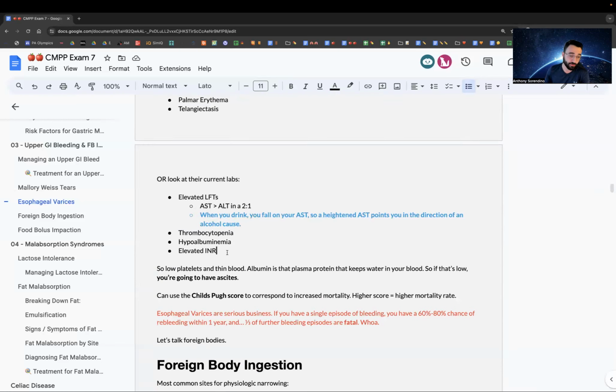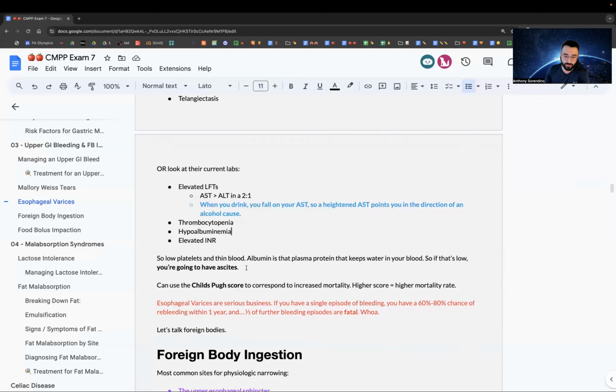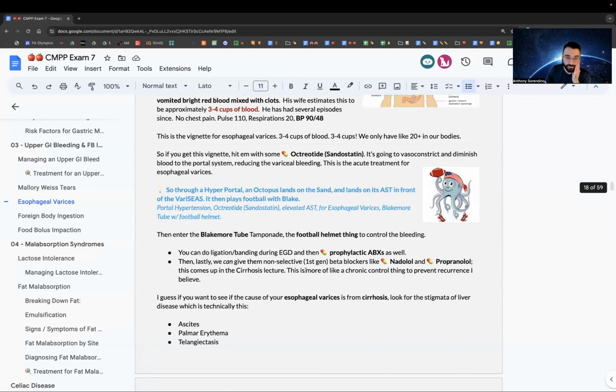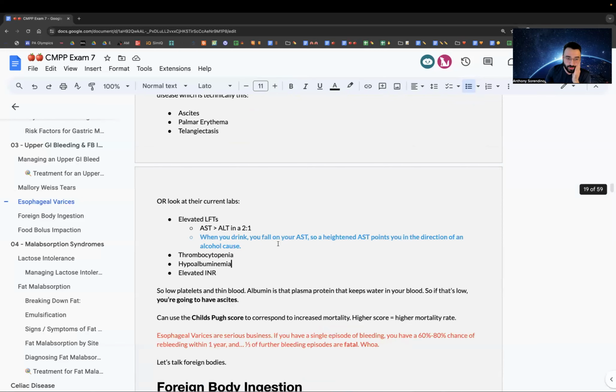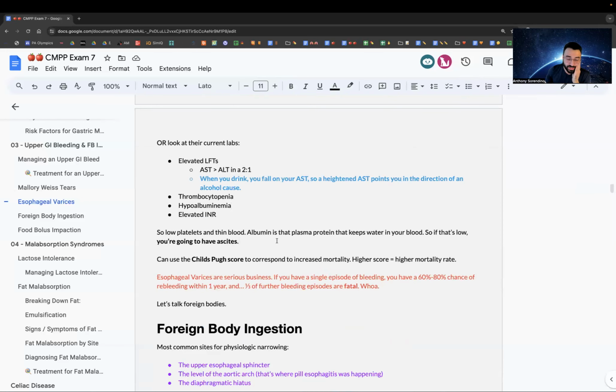You can also see an elevated INR, so thinner blood. You can also see a low level of albumin, and a low level of platelets. And if you remember, albumin is that plasma protein that keeps water in our blood. So if that's low, you're going to have fluid and you're going to have ascites. So that's something that you could look out for. It's going to point you in the direction of a liver cause here, which makes sense because portal hypertension is what's causing this in the first place.